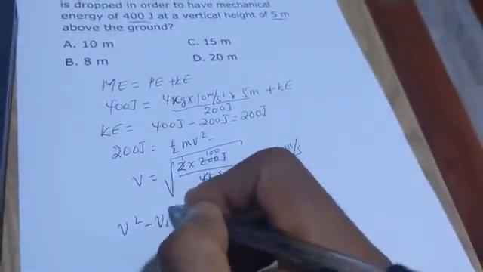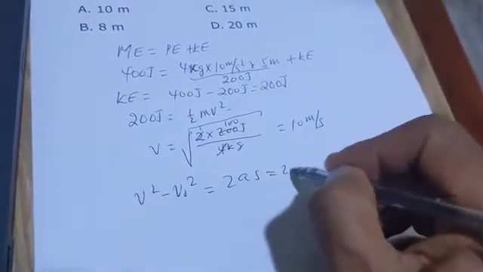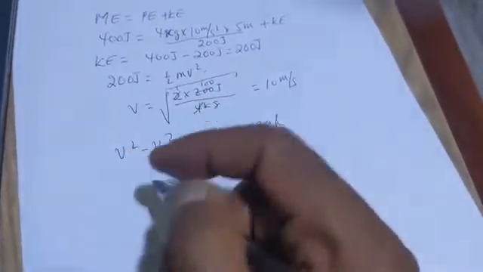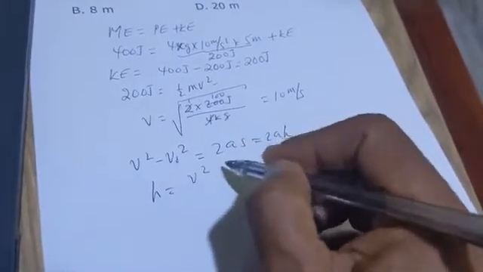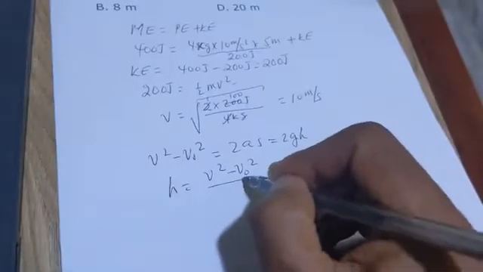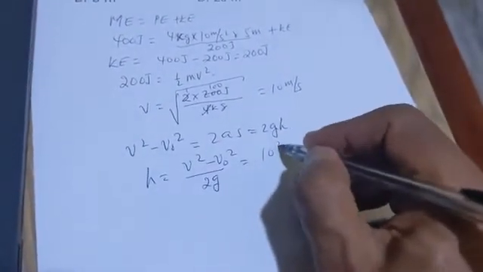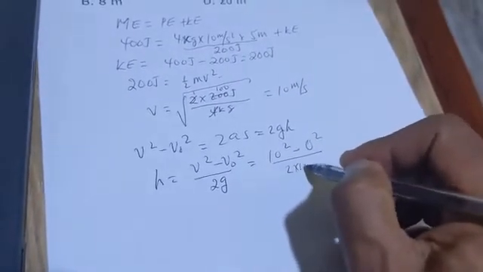Then you can have that V squared minus V naught squared is equal to 2AS, or this is 2AH. So H is equal to V squared minus V naught squared over 2G, which is 10 squared minus 0 squared over 2 times 10.